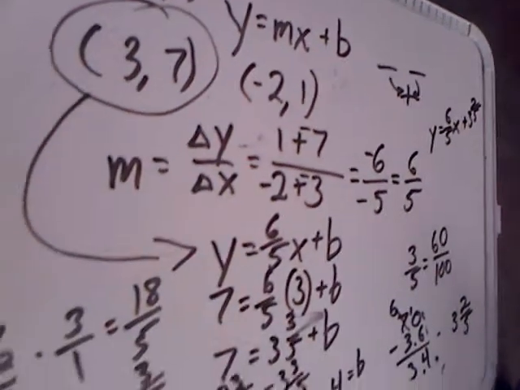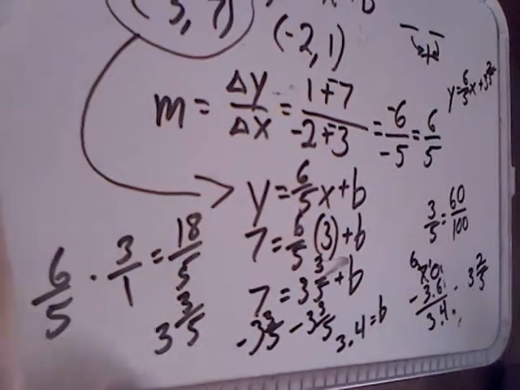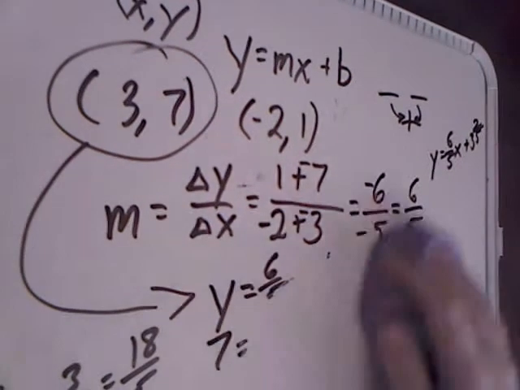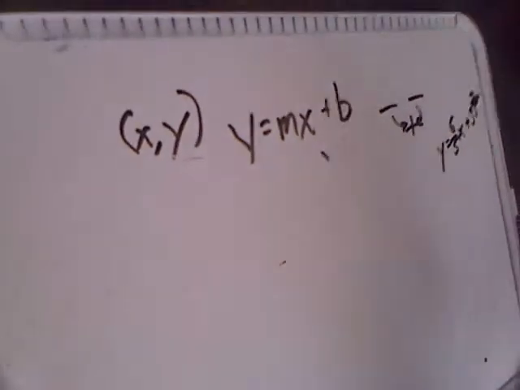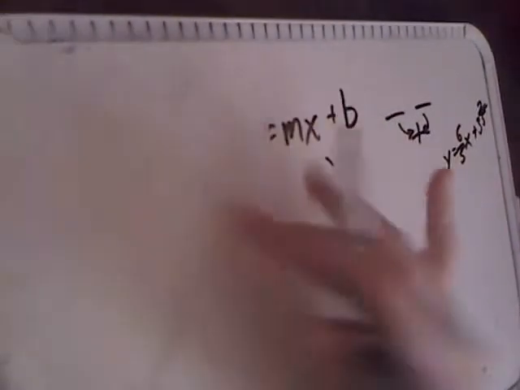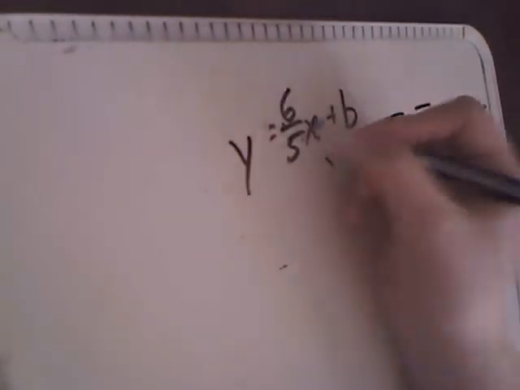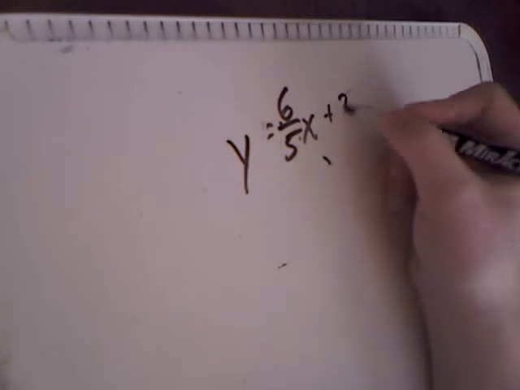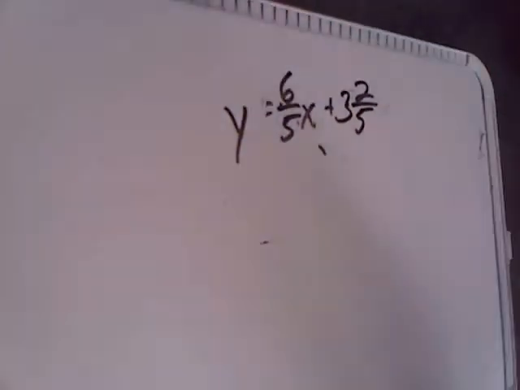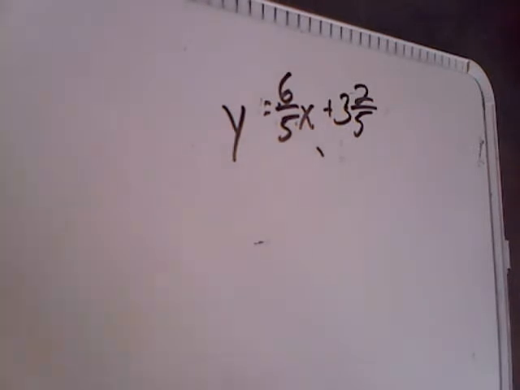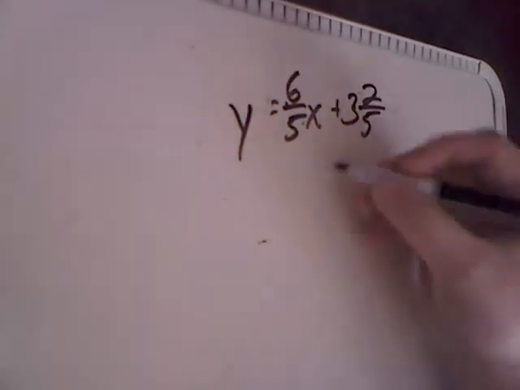So I'm going to erase all of this work and we're just going to keep the equation. I'm going to rewrite it so it's a little bit bigger. It was y equals 6 over 5 x plus 3 2/5. Now, this equation is actually really, really easy to read.